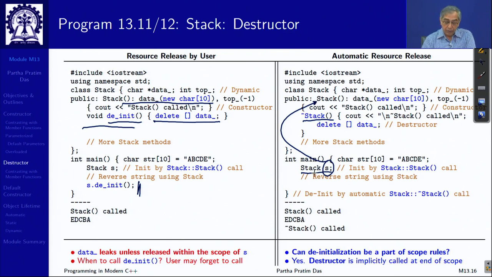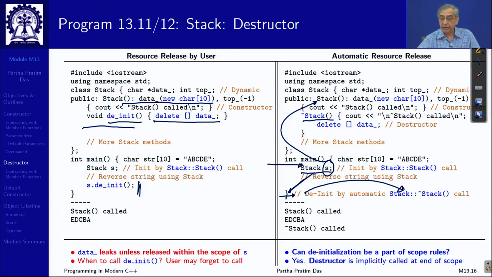Now, the compiler knows the scope up to which S can be accessed. Before this, S does not exist, so there is no object either. After the control passes this point, you go out of this scope, you go out of this function. So naturally there is no S. So it is only up to that point. At this point it will invoke the destructor automatically.